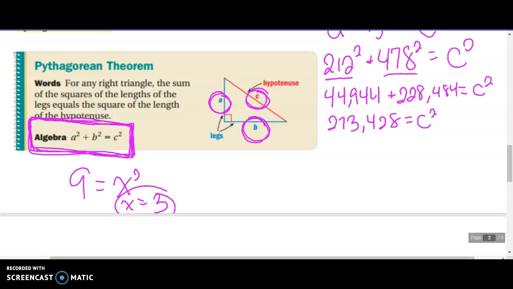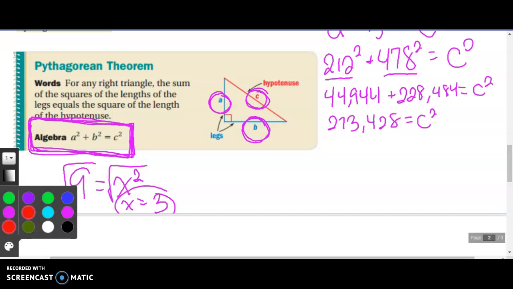So what can we do to solve for x? In this case, we can use the square root. And that's where the warm-up question came in. If c squared equals that, then what I'm going to do is the square root of both sides. And that's going to give me, again, there's going to be some rounding here, but 522.9 equals c.